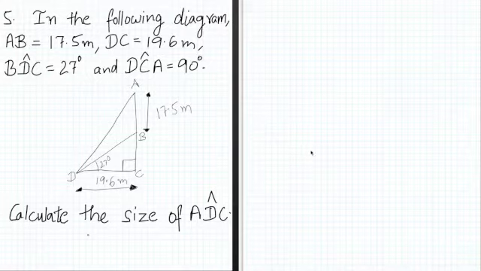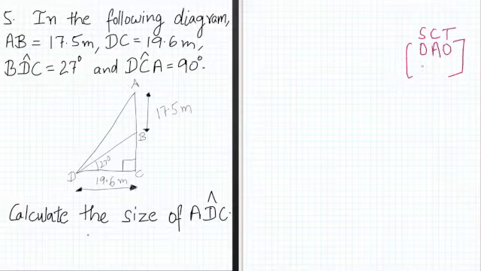So according to the right angle triangle formulas of sine, cos and tan, we have the formula: opposite over adjacent, opposite over hypotenuse, adjacent over hypotenuse.